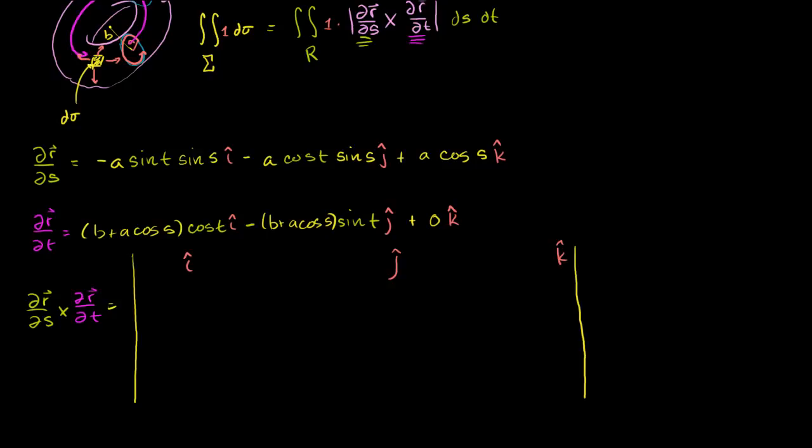So let me copy and paste them. You have that right there. Put that one right there. Then you have this one right there. Copy and paste, put it right there. And then you've got this one right here. This will save us some time.